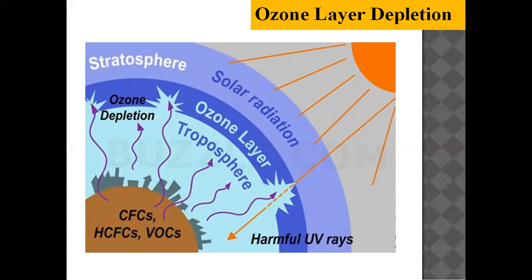It may cause skin cancer, eye and lung irritation, it reduces photosynthesis and affects crop productivity, etc. So if we can control the release of chlorofluorocarbons or ozone layer depleting substances, then ozone layer depletion will gradually decrease, and we can survive from the harmful UV rays.